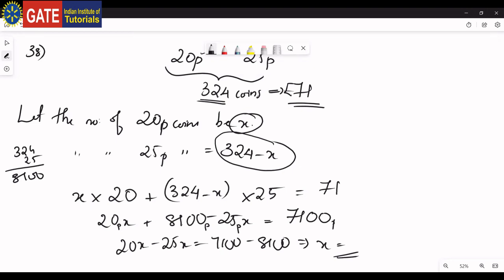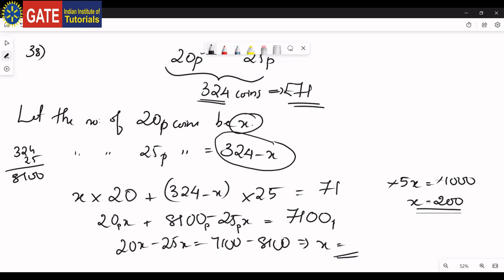So this becomes what, 20 minus 25, it becomes minus 5x, and this difference you'll be getting how much? 8,100 minus 7,100 will be 1,000, right? So it becomes like minus 5x will be equal to minus 1,000. From that you'll be able to find x is equal to minus 1,000 divided by minus 5. Minus and minus gets cancelled. 1,000 by 5 it becomes 200, right? So the value of x is 200.